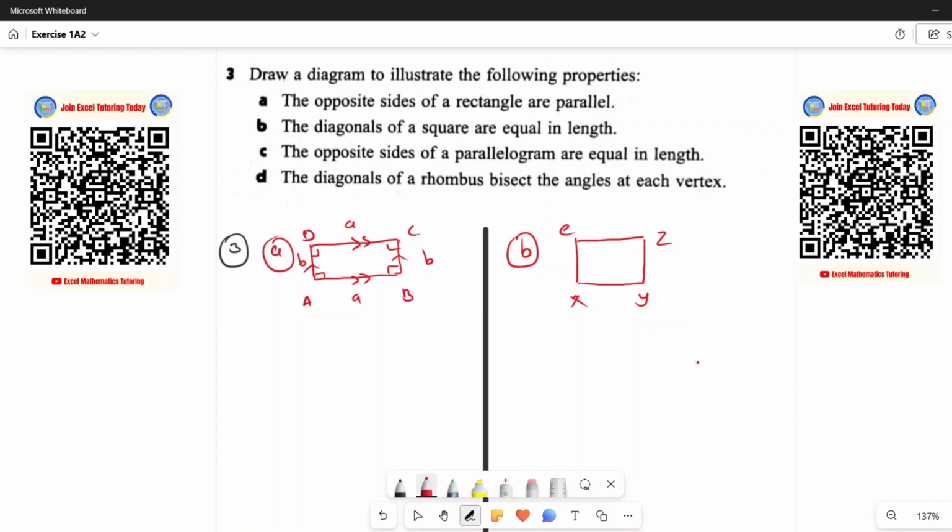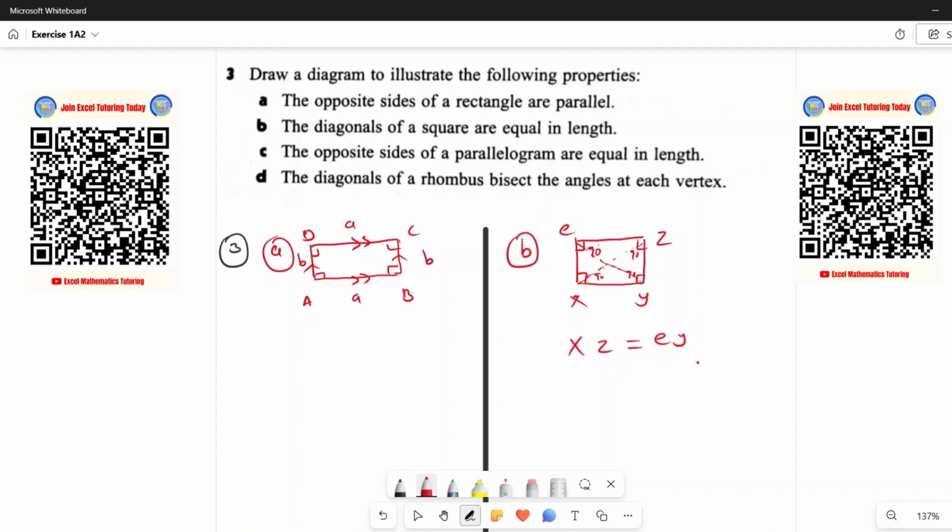So x, y, z, e is a square with each side of equal length and every angle 90 degrees. Now if we draw the diagonals using the divider, you can find that xz equals ey.